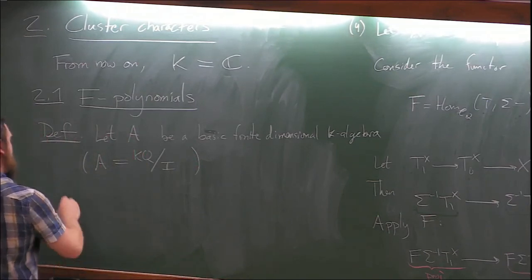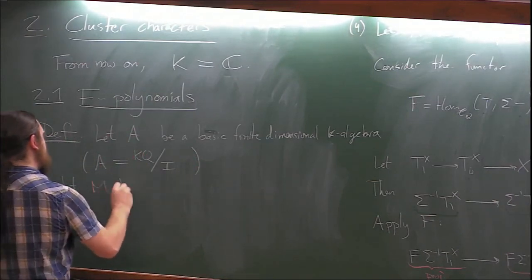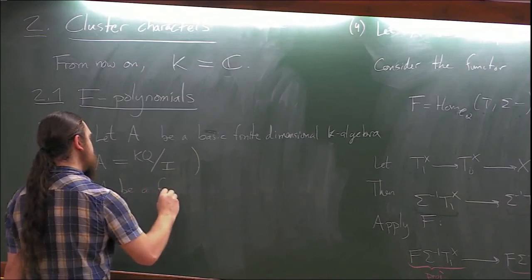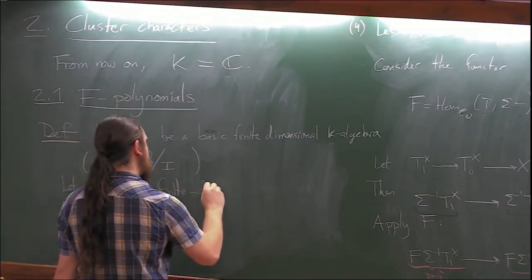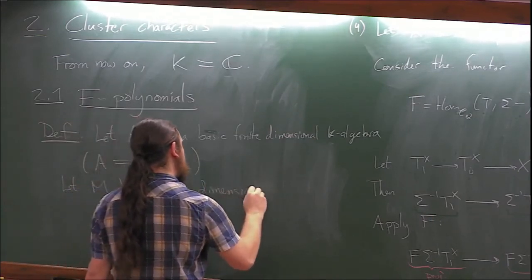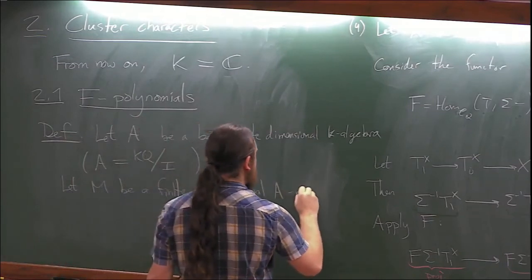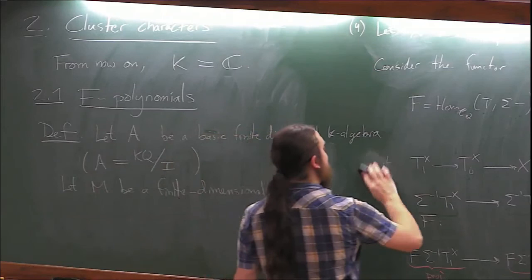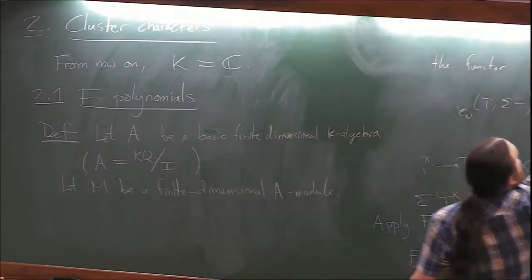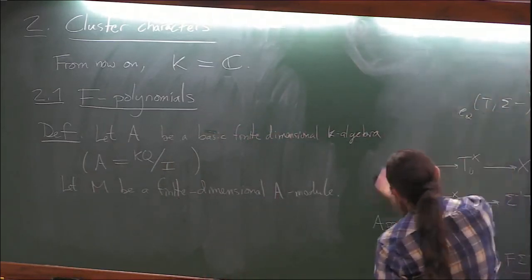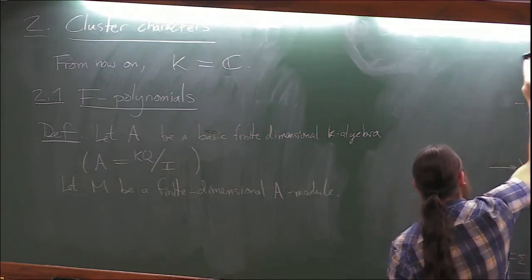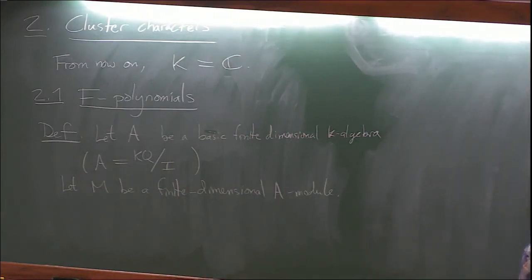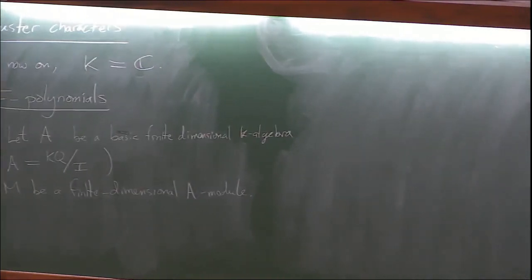Let M be a module over A, finite dimensional. Then the F polynomial of M is defined as follows. It's going to be a polynomial in n variables, y1 up to yn.